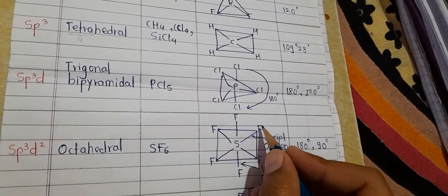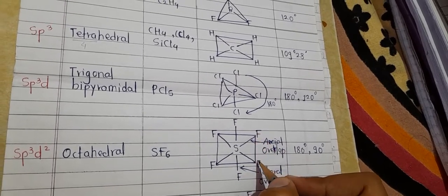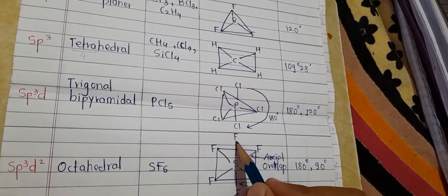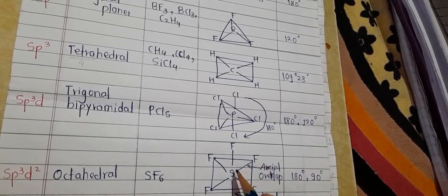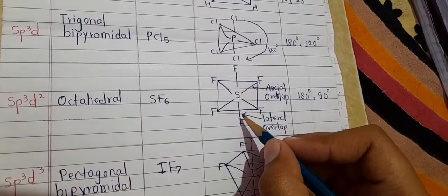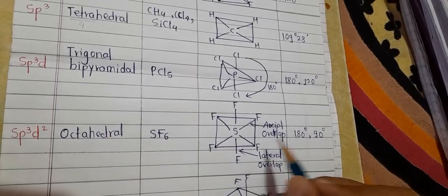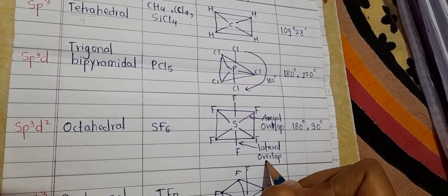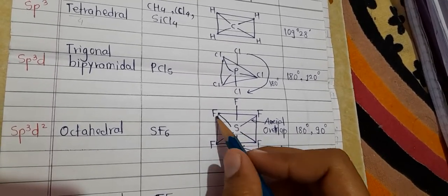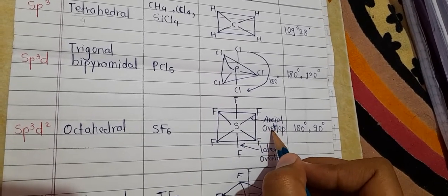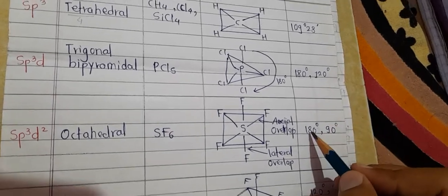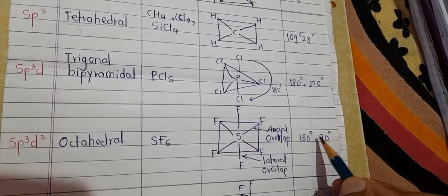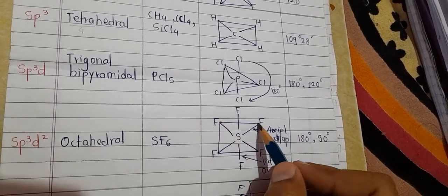Sulfur is in center and 4 fluorine atoms are on the corners of the rectangle and 2 fluorines, 1 fluorine is above the plane and 1 fluorine is below the plane. These bonds are formed by lateral overlap and these 4 are formed by axial overlap. And bond angle is 180 between these two and 90 between these 4.